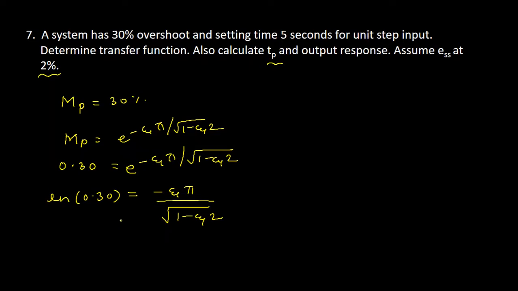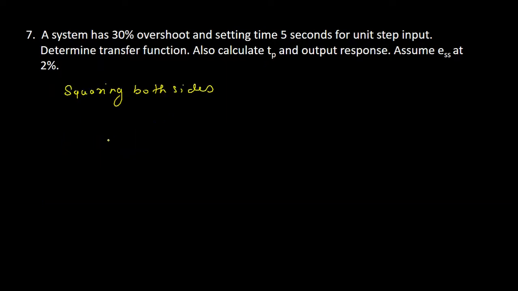Log of 0.3 is equal to minus 1.2030, which is equal to minus of zeta pi divided by under root 1 minus zeta square. Now we square both sides. Squaring both sides, we will get 1.45 is equal to zeta square pi square divided by 1 minus zeta square.